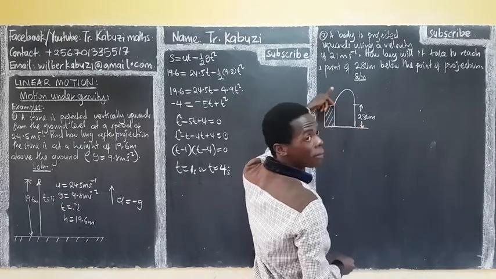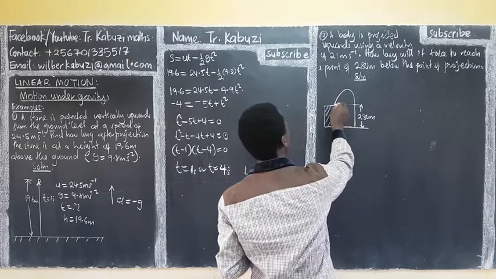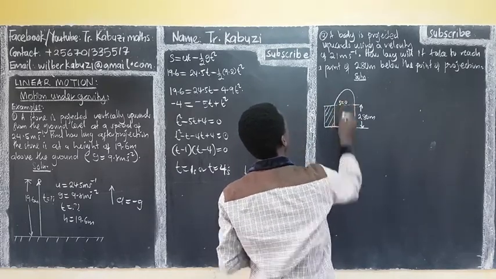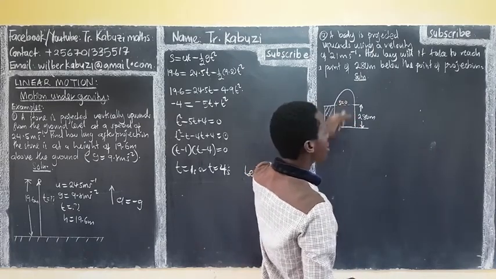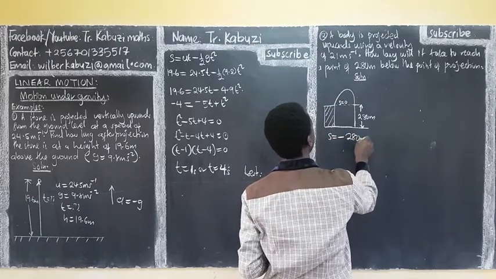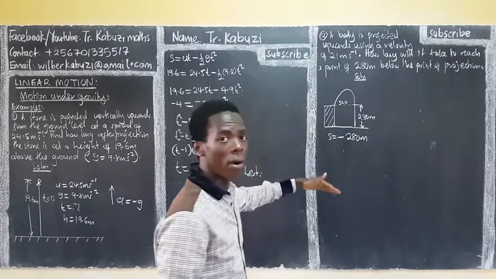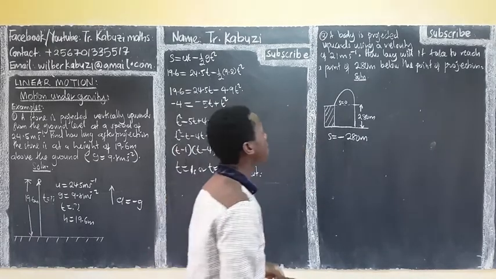Because it's below, at here, S is 0. At this point here, S is 0. The distance covered is 0. So below it, from here, our S is going to be negative 280 meters because it's below the point of projection and since it's going downwards.